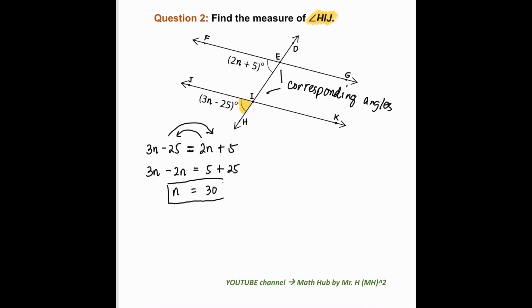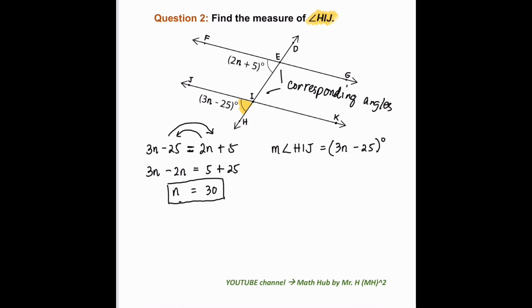The process doesn't stop here because the question is finding the measure of angle HIJ. In order for us to know the measure of angle HIJ, we need to substitute the value of n that we got into the expression representing angle HIJ.